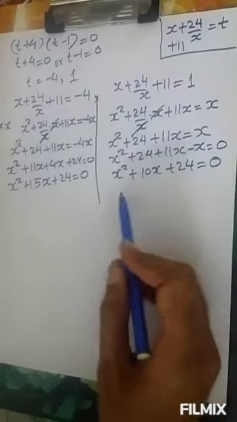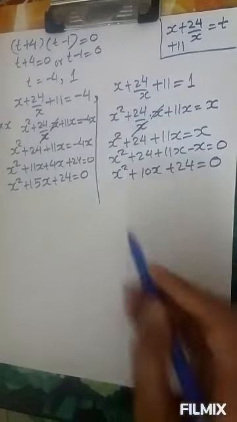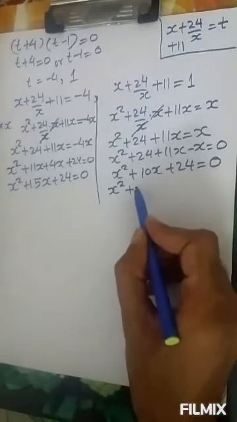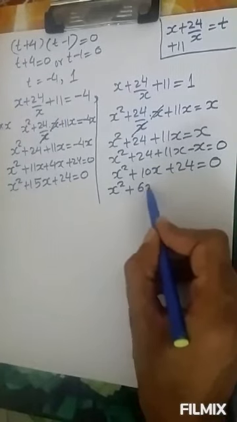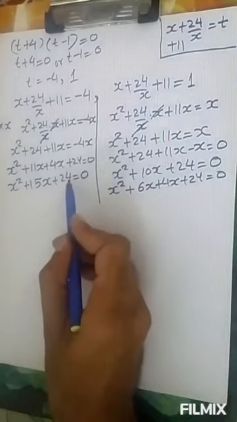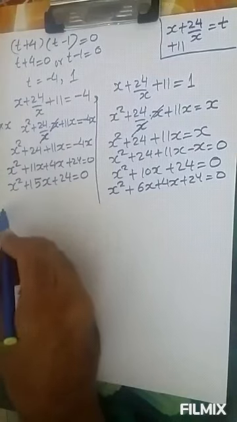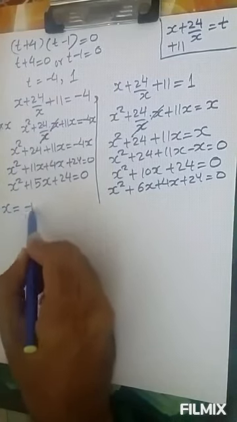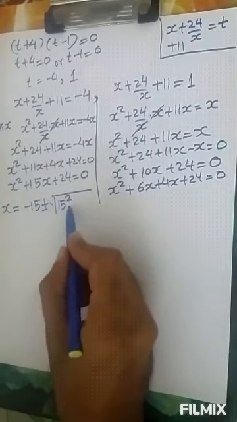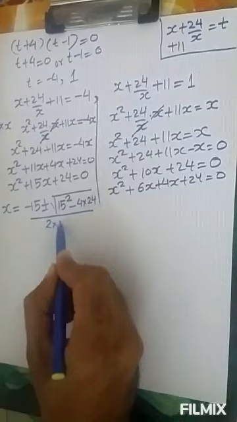Now we know that since all quadratic equations are not blessed with integral roots, this one seems to have integral roots, like we can write it as 6x plus 4x plus 24. But if you try this, you won't be able to factorize 24 in such a way that its sum or difference may give 15x. So the only way that we can solve this is to use the quadratic formula, which is minus b plus minus under root b square minus 4ac, a is 1 here, upon 2 into 1.